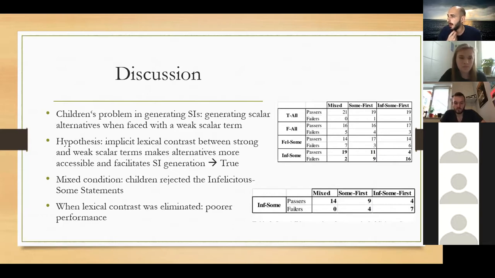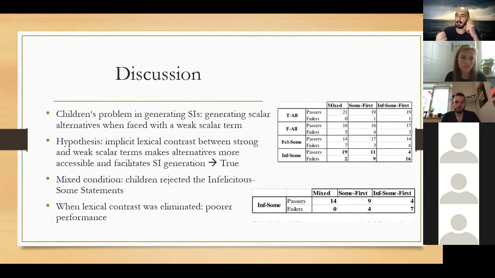And in the infelicitous sum condition, the same thing, but the first condition was always the infelicitous one. And then they have a further split into two blocks where the infelicitous trials were always before the felicitous trials. So in the sum first, you could see either the felicitous or the infelicitous first, whereas in the infelicitous sums, you really always saw the infelicitous sum first.